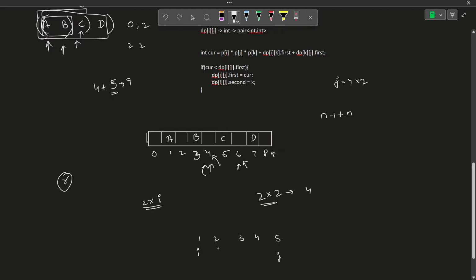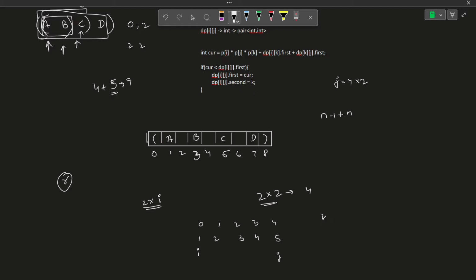As soon as I receive i and j, I want to put a bracket once in front of the frontmost element and once at the end of the lastmost element. How do I figure this out? I am going to multiply both of the indexes by 2. So this is index 0, 1, 2, 3 and 4. 0 times 2 is 0, so I am going to put an opening bracket here, and 4 times 2 is 8, so I am going to put a closing bracket here.